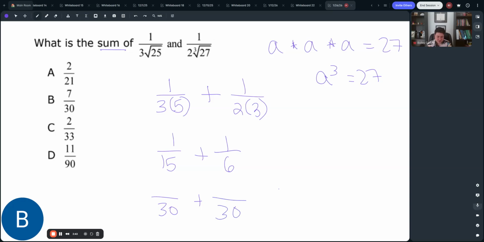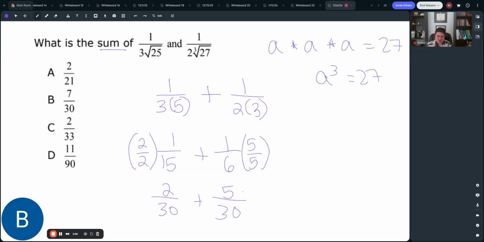So we're going to have to transform both of these into some amount of 30ths. We can do that by multiplying this fraction by 2 over 2 to turn it into 2 30ths. We can do that by multiplying this fraction by 5/5, turning it into 5 30ths.